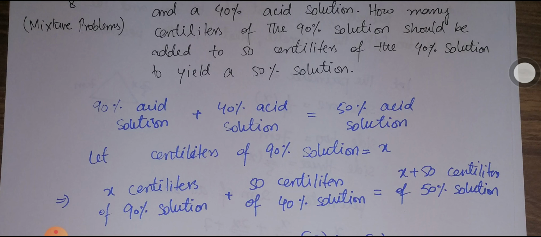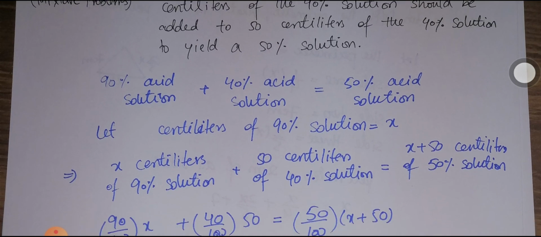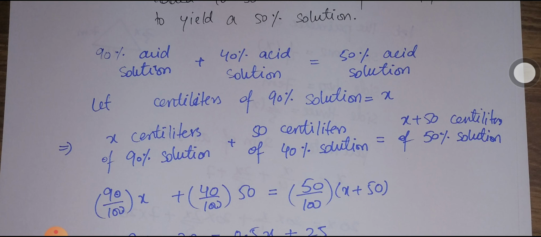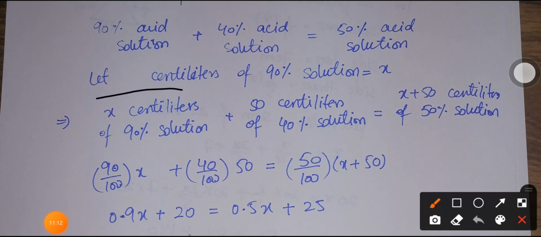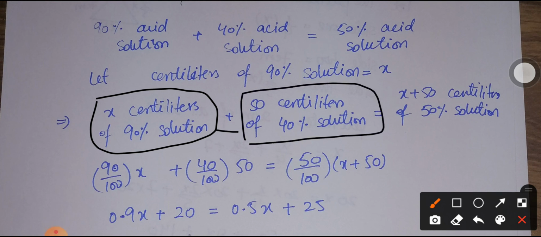Now it is given that 50 centiliters of 40% solution is used. So how can I write the statement: x centiliters of 90% solution are added, that is plus 50 centiliters of 40% solution. And what will we get?